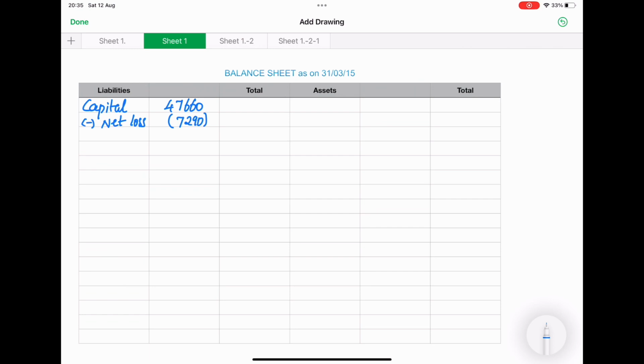Negative values, we have to write within brackets. Next we have drawings. Drawings we have to deduct from capital. If they have given interest on capital, we have to add it to capital. Drawings will be deducted from capital. So drawings, how much have they given? 4,500.